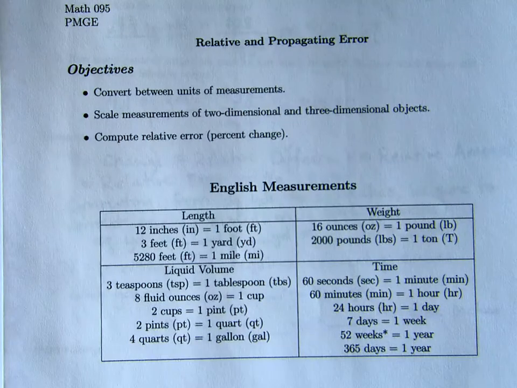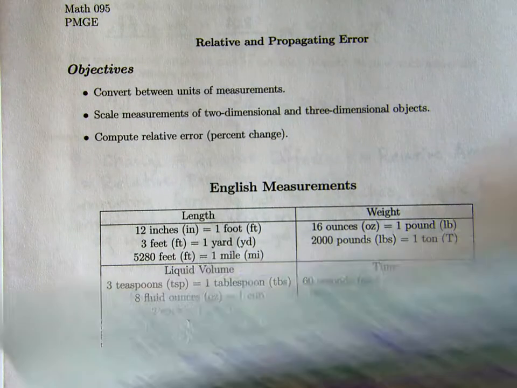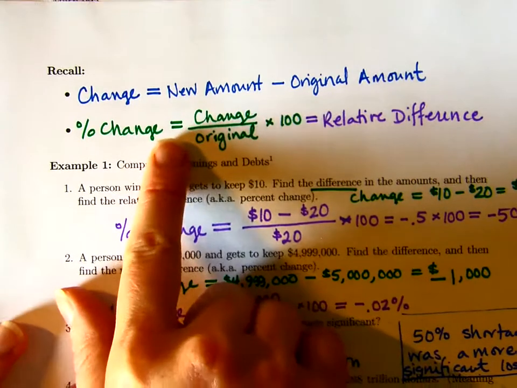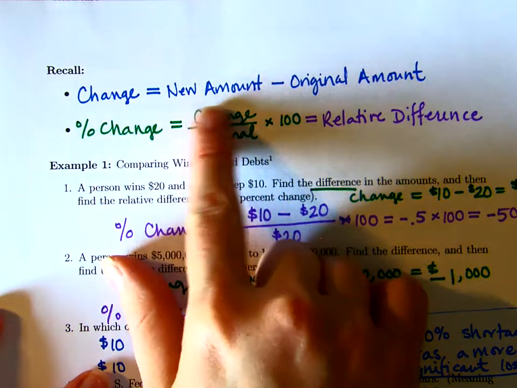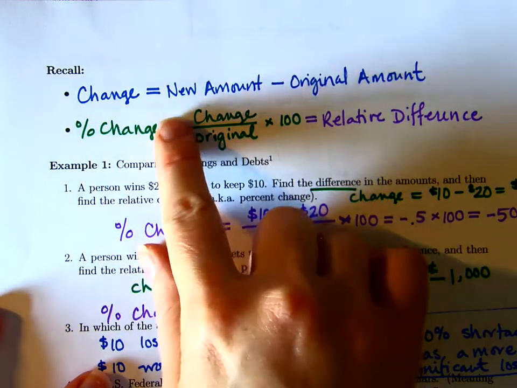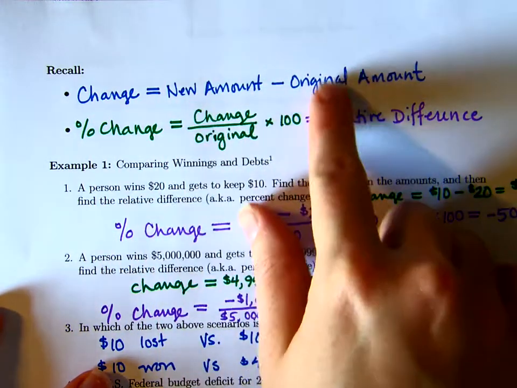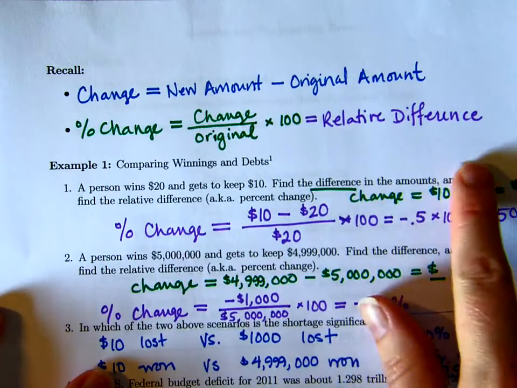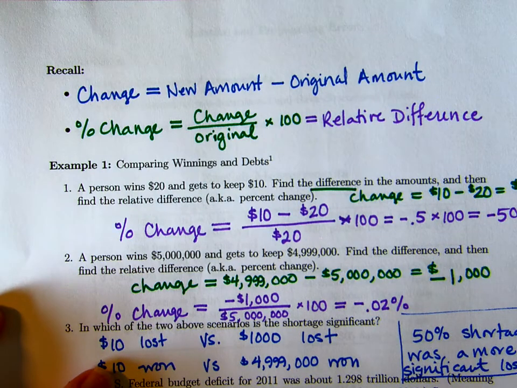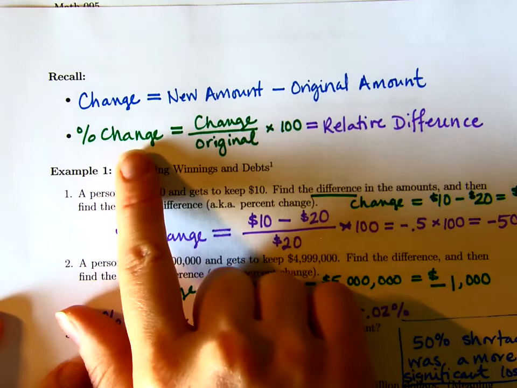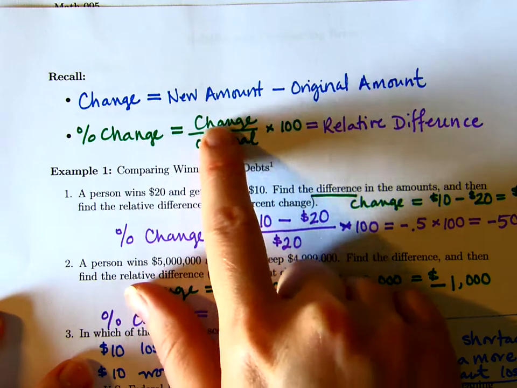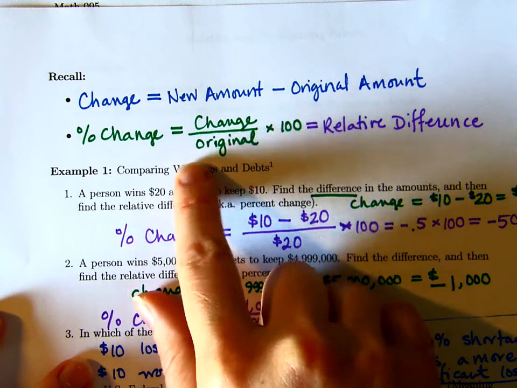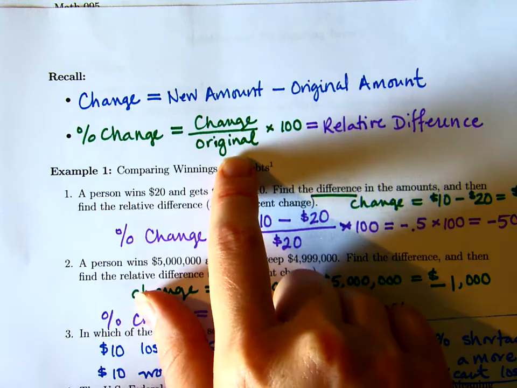So not forgetting that we keep using a couple of these formulas: that the change is the difference between the new and the original amount, and that the percent change, also known as the relative difference, also known as the relative error, is the ratio of the change compared to the original.